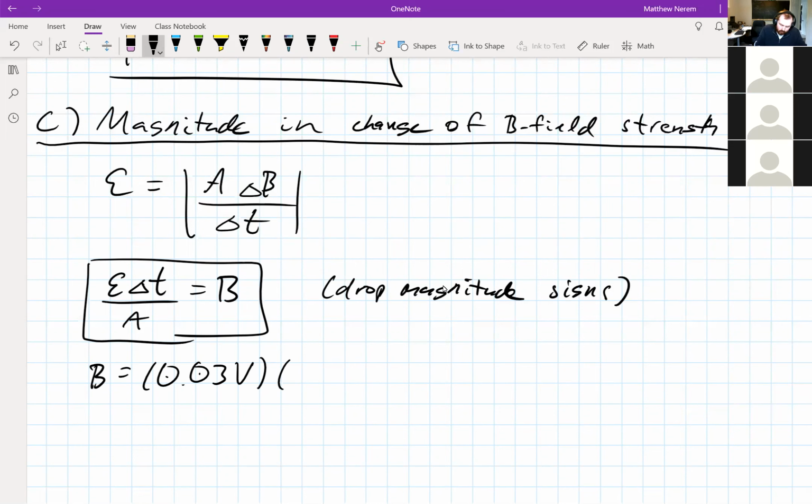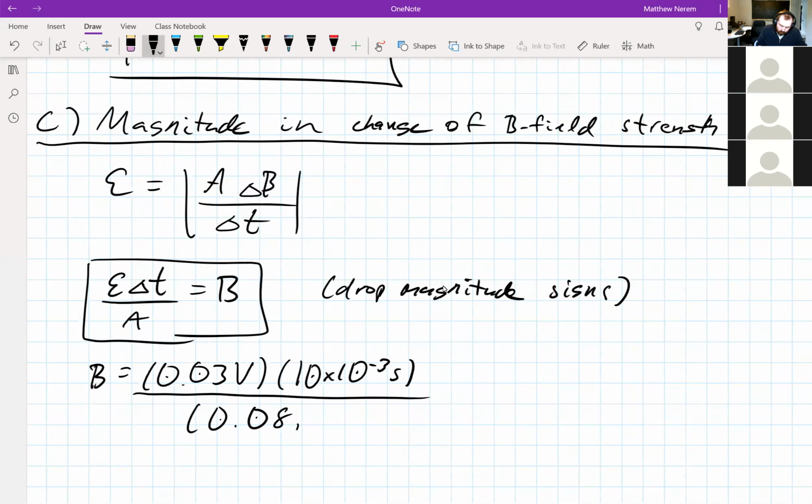So we're going to call this 10 times 10 to the minus third seconds, all over 0.08 meters squared. Remember, we're dealing with a square loop here, so it's just the side length squared.